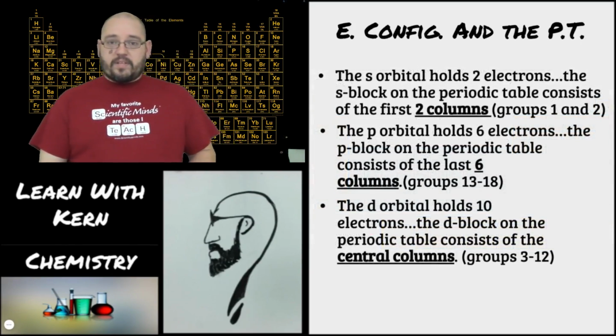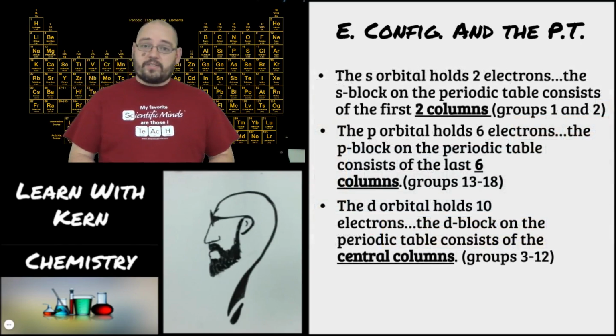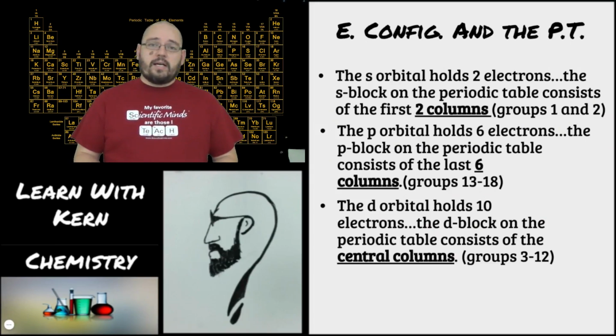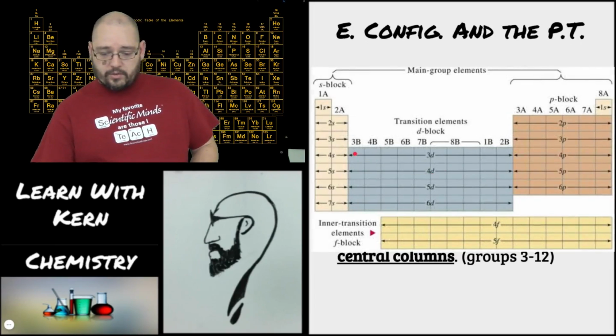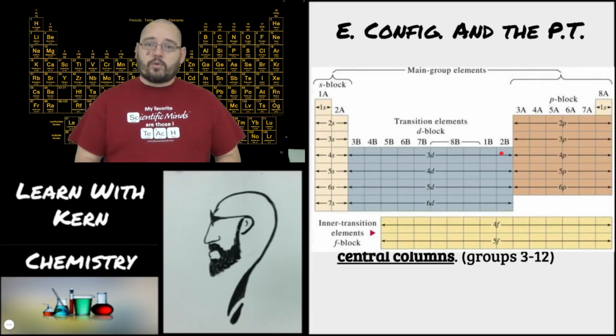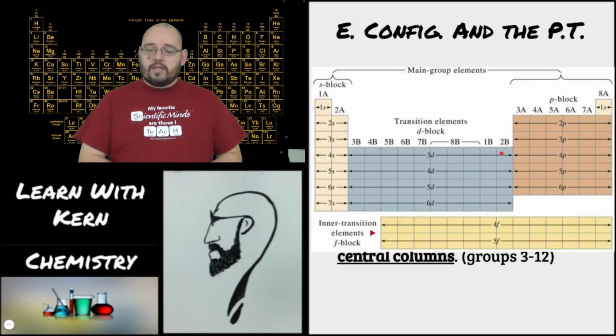The d block is made up of the middle ones, and the d orbital has 5 suborbitals and can hold 10 electrons. And so when you look at the d block, you'll notice there's 1, 2, 3, 4, 5, 6, 7, 8, 9, 10 columns. Each column corresponds to one of those electrons that the d orbital can hold.